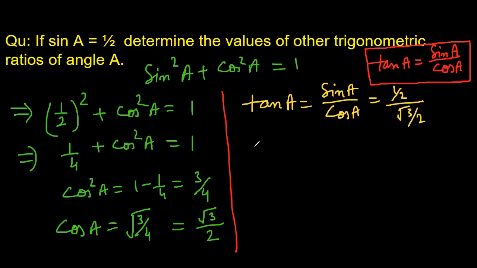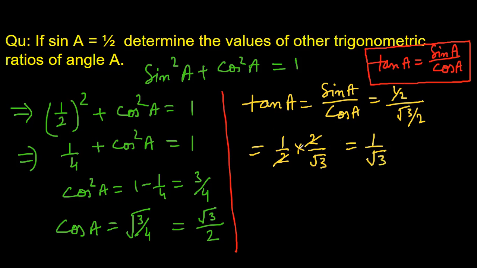Now this value can be written as 1 by 2 multiplied by 2 by square root 3. Division of the fraction, we reciprocate the denominator. That is the common way of doing it. 1 by square root 3 is the value of tan A.